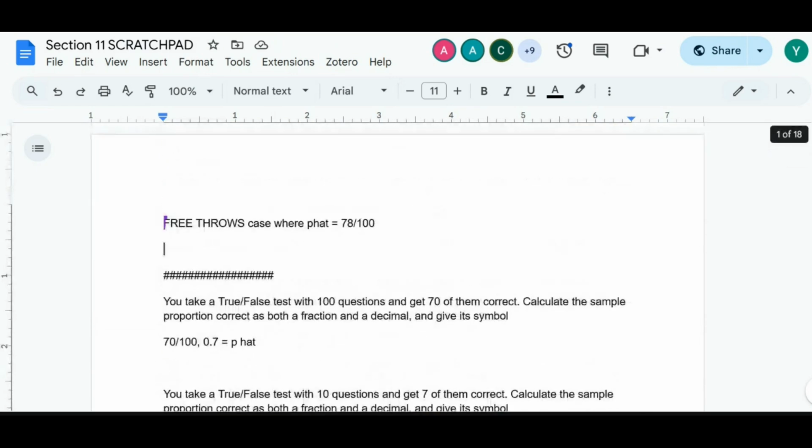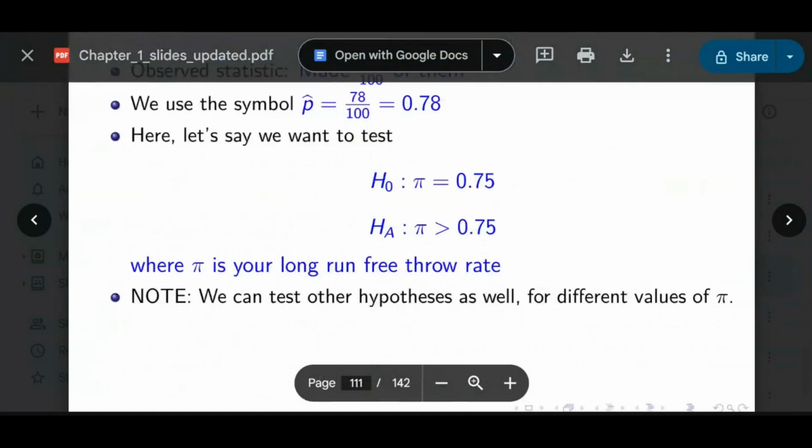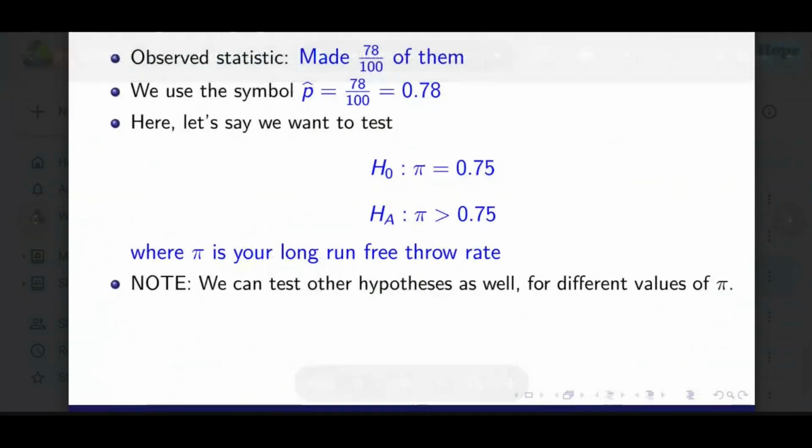We are trying to test whether there is, what are we trying to test? We are trying to test whether there is evidence that my free throw rate now is actually better than what it was before or whatever, right? I got 78 out of 100. I'm testing whether there's evidence that my free throw rate now is better than 75%.